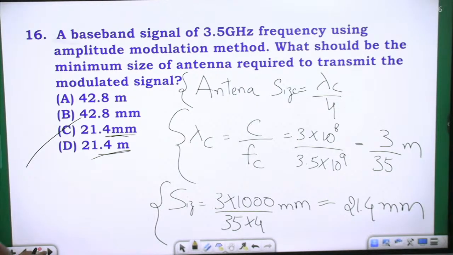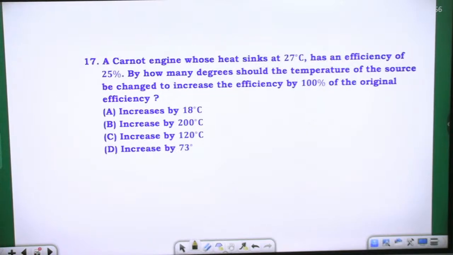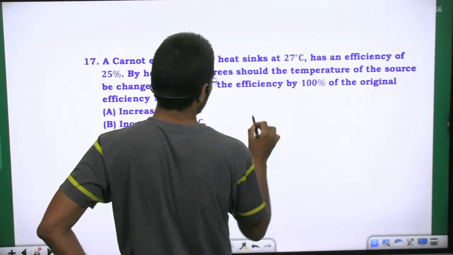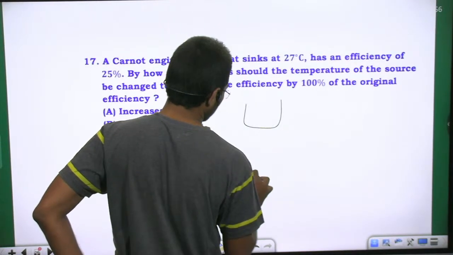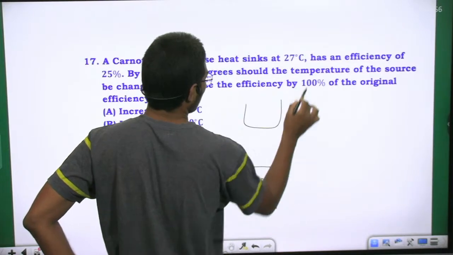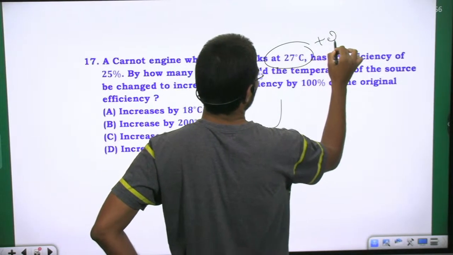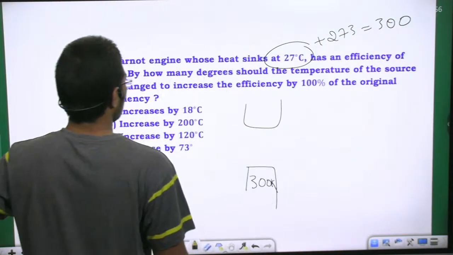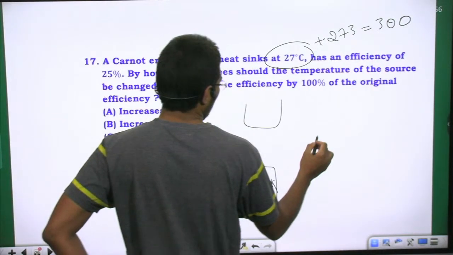Now let's go to the next question. A Carnot engine whose heat sink is at 27 degrees, that is 27 plus 273, 300 Kelvin, has an efficiency of 1 by 4.